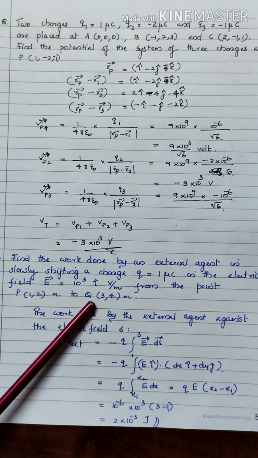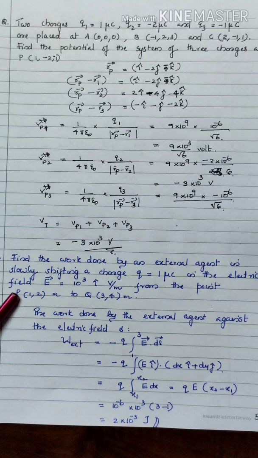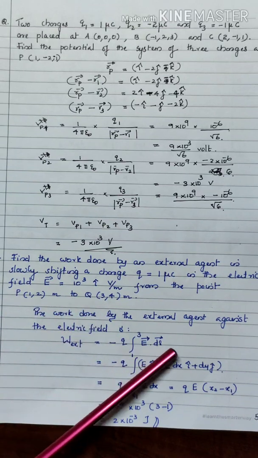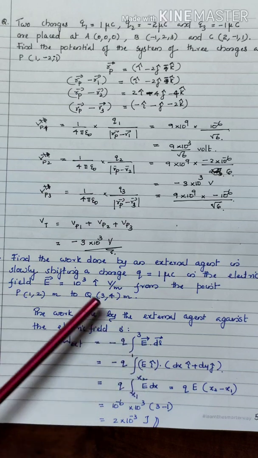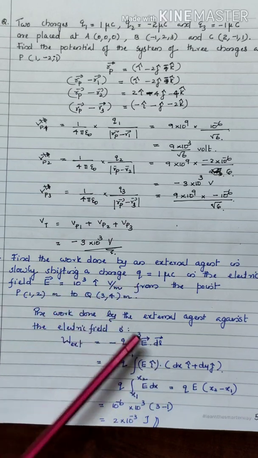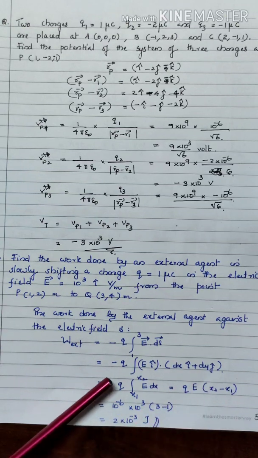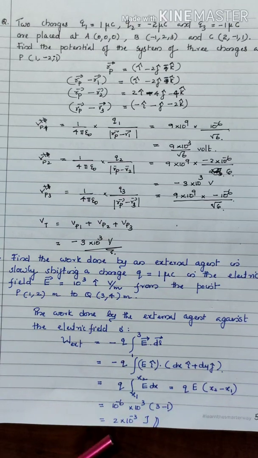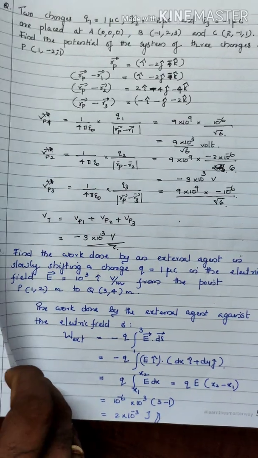Well, on the x-axis here is the electric field, so the work is done along x from x equal to 1 to 3 of E dot dl. Here the electric field is along x, so E i dotted with dx i plus dy j in the xy plane, then you integrate and you get the answer 2 into 10 raised to minus 3 joule, a good concept.